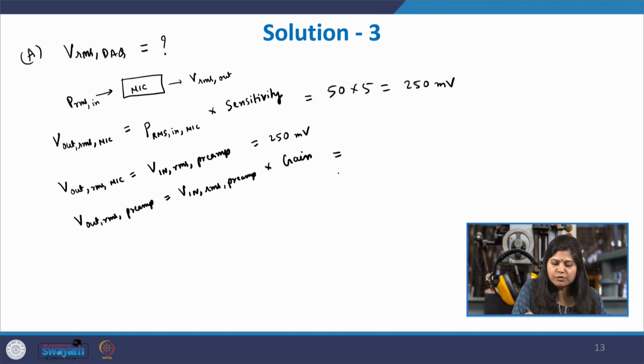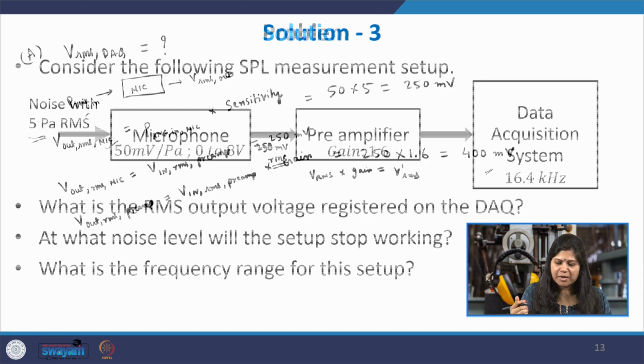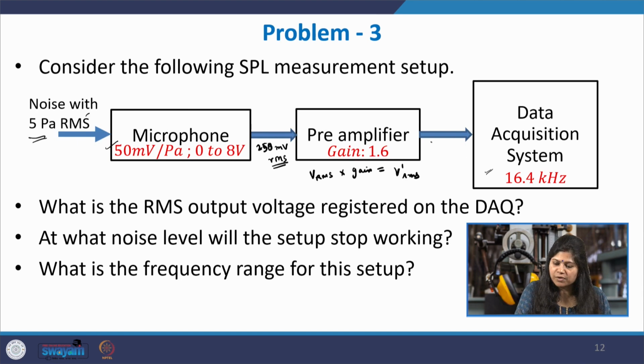So, now the 250 microvolts that was going into the preamp is amplified by this factor, and you get a certain value which is 400 millivolts. So, this is now the output coming out from this, which is then received by the DAQ.